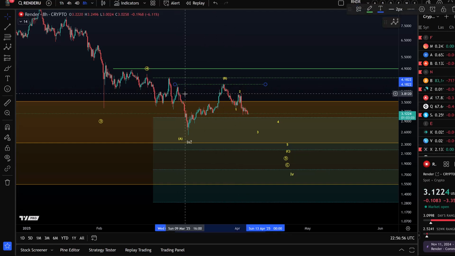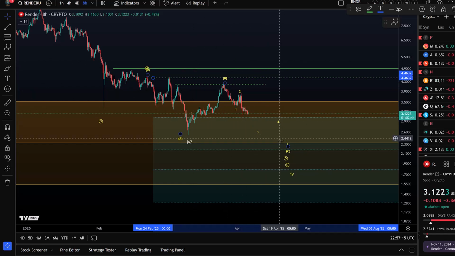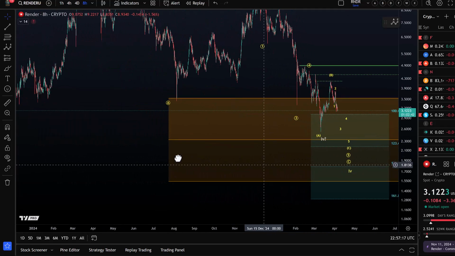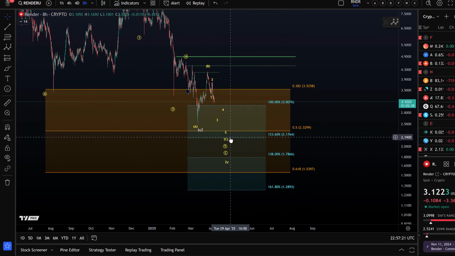So that was another requirement to indicate the bulls are regaining control: to get at least above one of the previous swing highs here, for example, at $4.18 or $4.46. But price stayed clearly below that level. And we're now probably setting up here for a test of that next support cluster between $2.33 and $2.17. At least I would be prepared for that.